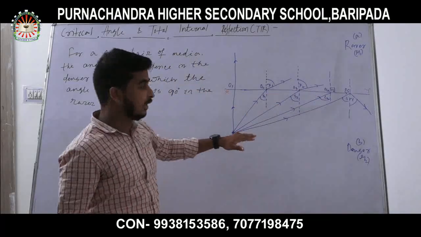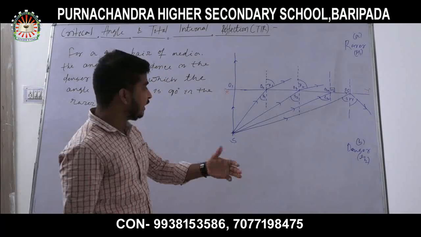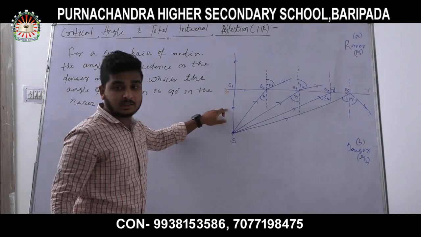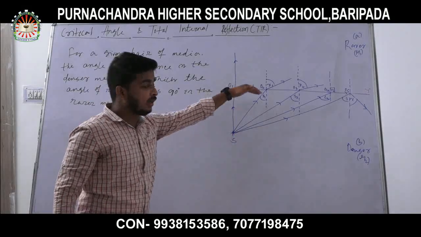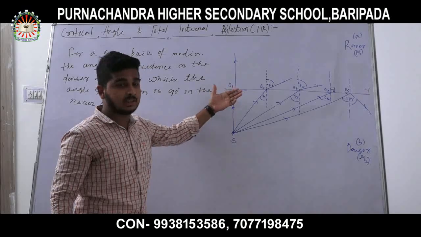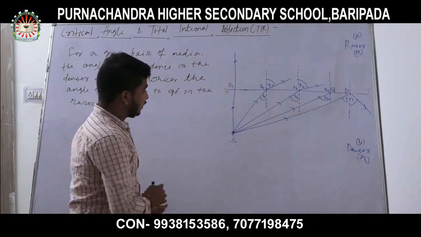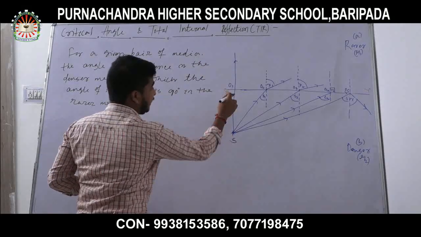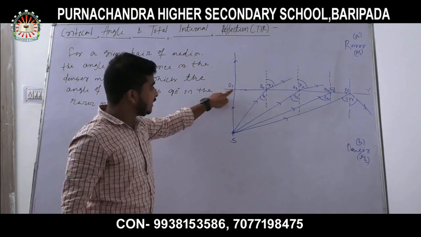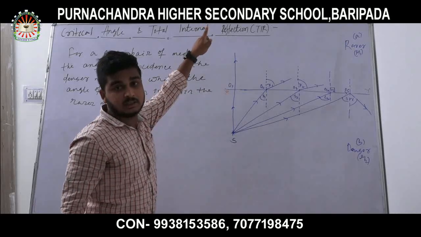In the denser media, a source of light S is placed, and I have already told that a ray of light starting from S and incident on the interface normally will not refract and will not deviate from its original path and will travel in a straight line. So this is the source of light, this is the point of incidence O1, and the ray goes like this as a straight line.